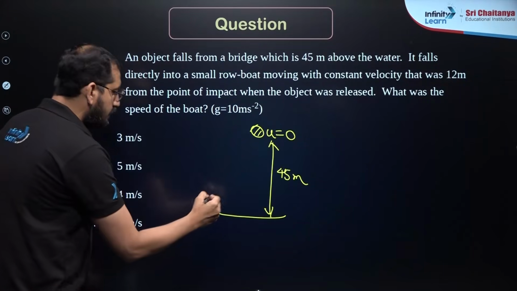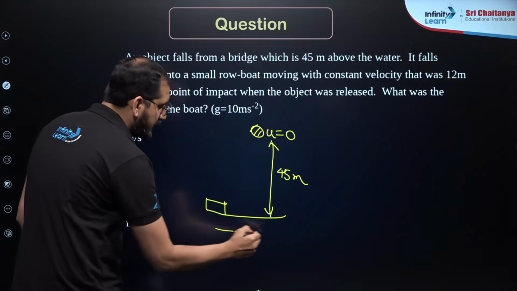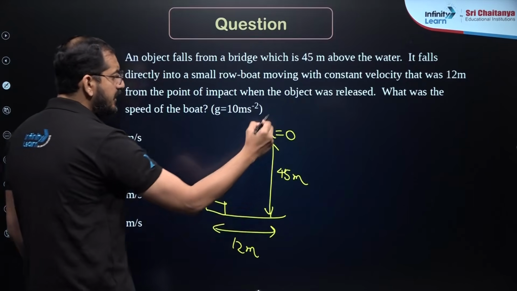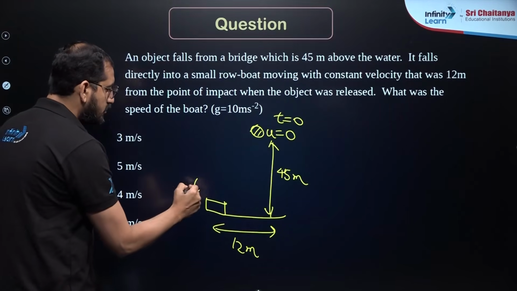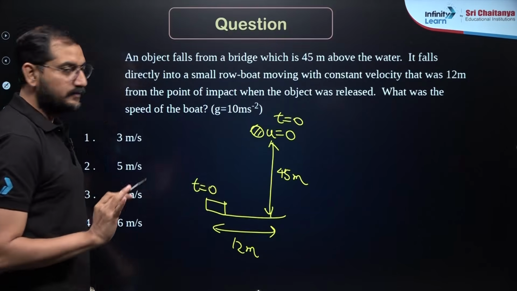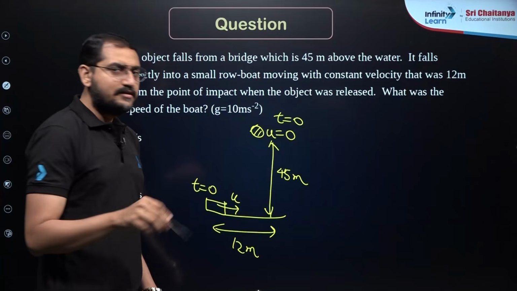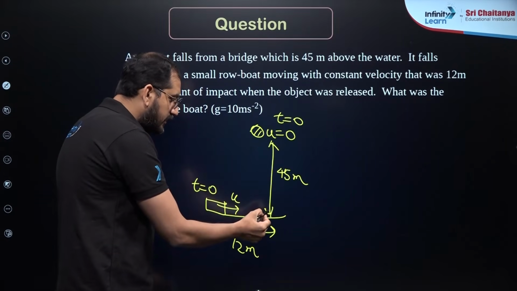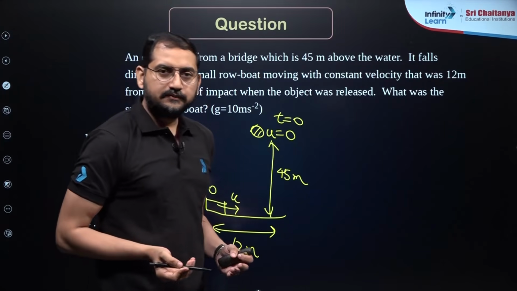Now, there is a boat over here which is at a distance of 12 meters away at t equal to 0. So this is the location of the object and this is the location of the boat at t equal to 0, right? The speed of this boat u is such that when the object comes over here, the boat also comes over here and the boat catches the ball, right?